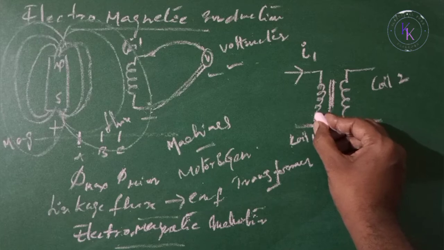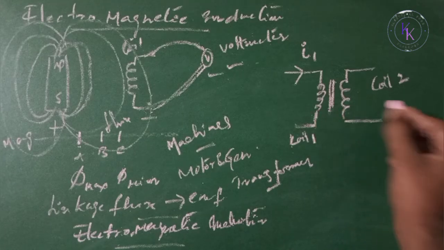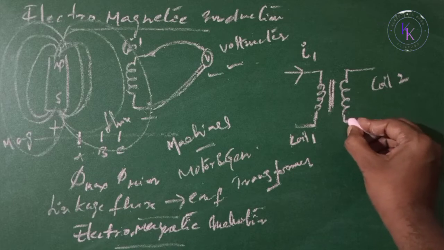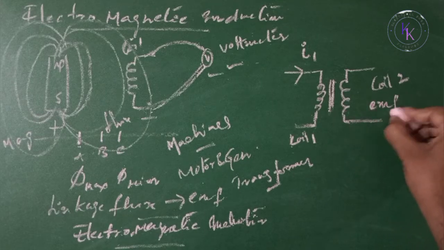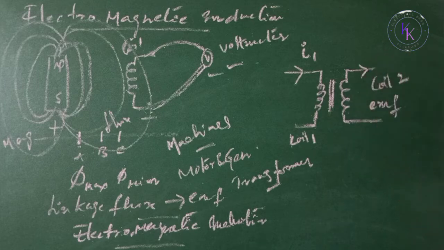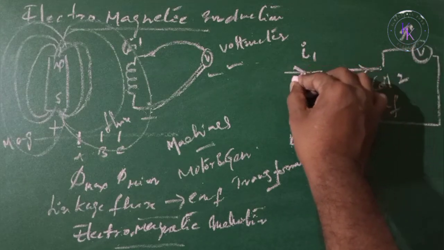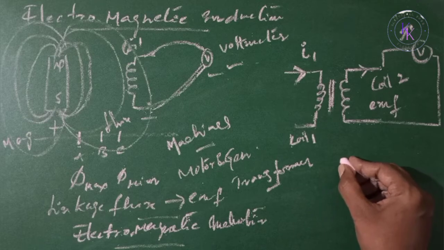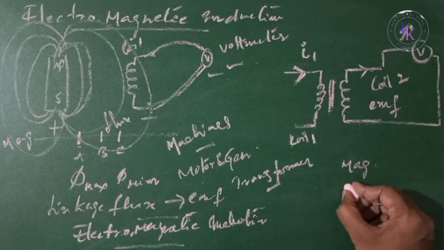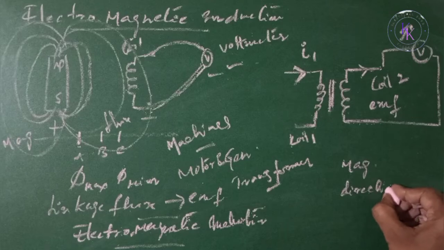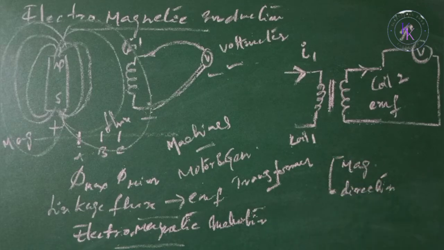That flux is going to link with coil 2, and this flux is going to induce an EMF in coil 2, and current is transferred. So if you connect a voltmeter here, you will get a deflection in the voltmeter, even if the current in coil 1 is changing in magnitude or in direction. In both cases, EMF is induced in coil 2.